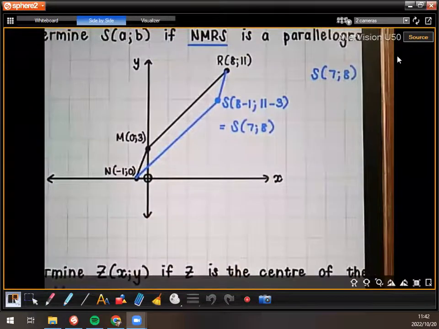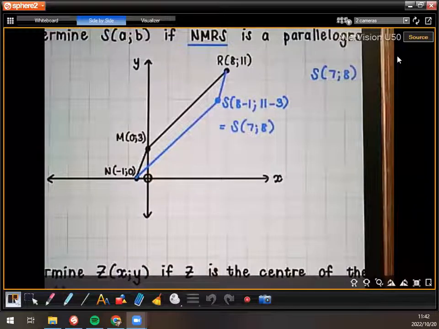So if you look at the movement, essentially from point M to point N, you replicate that shift from point R to point X. Okay, was there a different way which you could have done? Yes. I could have calculated the midpoint of NR and then said it is also the midpoint of MX.